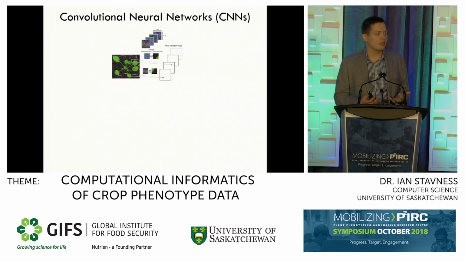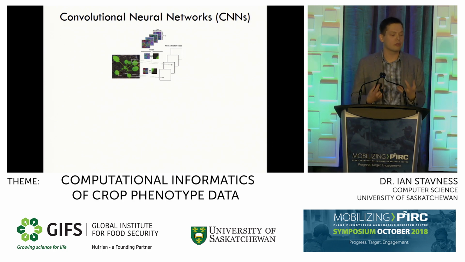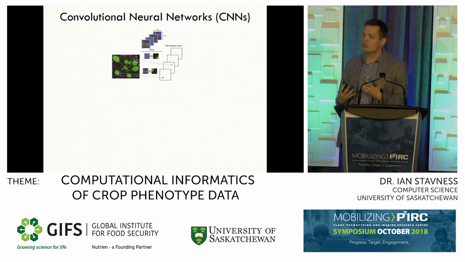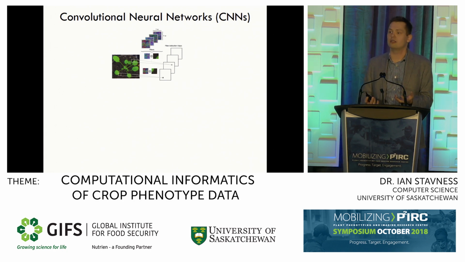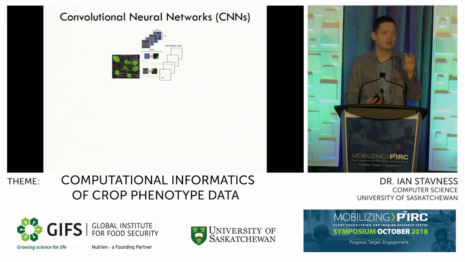So we do use a lot of deep learning approaches. The mainstay of that is convolutional neural networks. And the main reason for that is because we're focused on outdoor images. If you have images taken in very controlled environments, a lot of traditional image analysis approaches work quite well, like thresholding greenness to segment plants, or picking particular features to analyze the images.